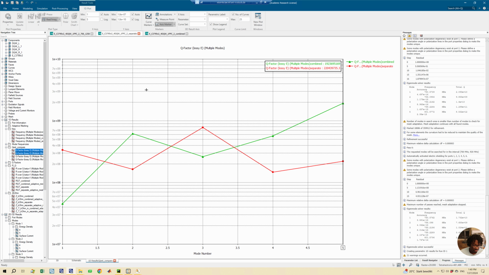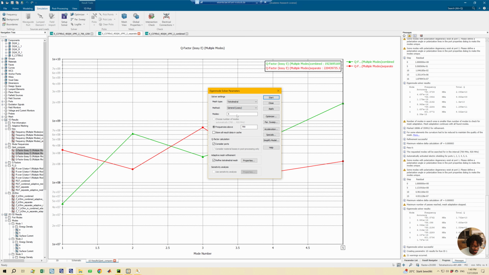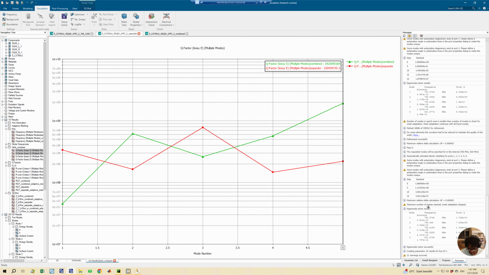I mentioned in the other video that I'd do an adaptive mesh refinement, so that's what I went ahead and did. I turned this on, refined tetrahedral mesh, and then I used this setting: maximum frequency variation 1e-6, minimum number of passes 2, and maximum number of passes 6. Now I could increase this because from the run we see that the number of passes was exactly 6, so it stopped.